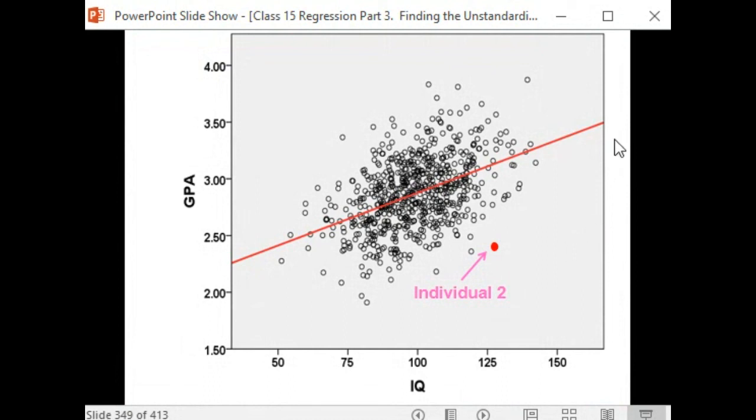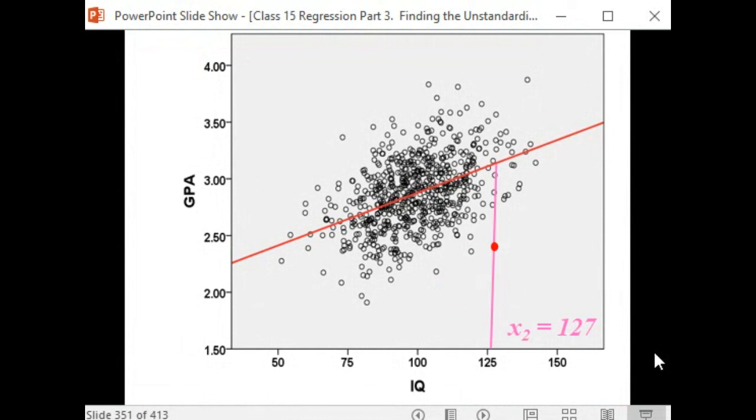We'll see that in a second. So here's a question for you. What is the IQ of individual 2? Make a guess, just form a guess before I tell you. Okay, now the actual IQ is 127.